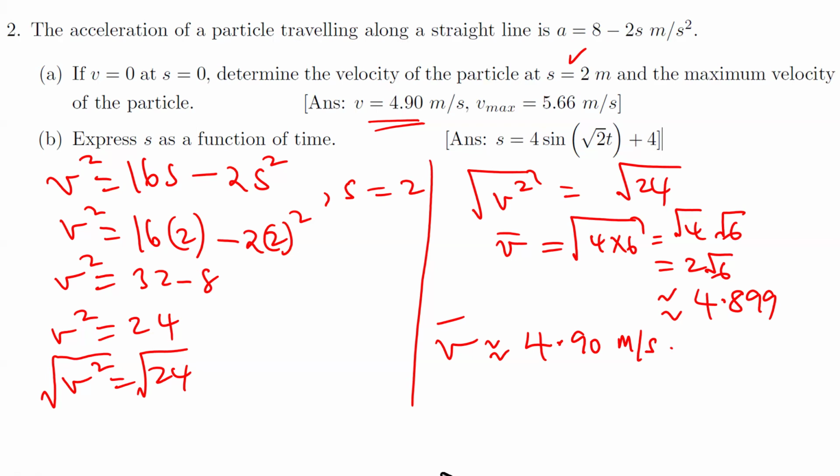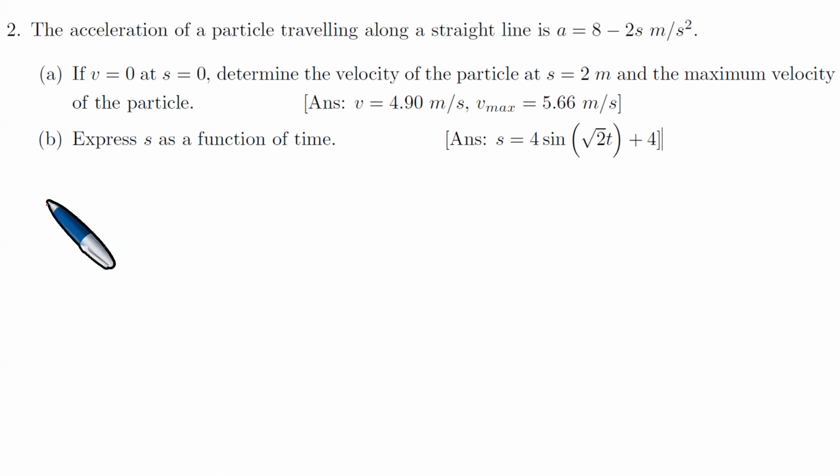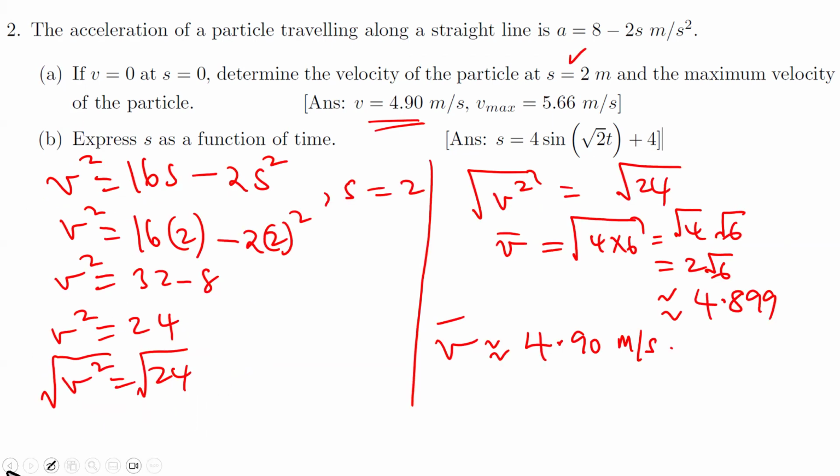Okay, so in 2A, we're still doing 2A, we know that v squared is 16s minus 2s squared.